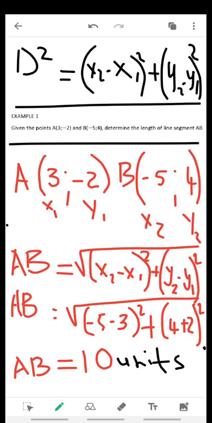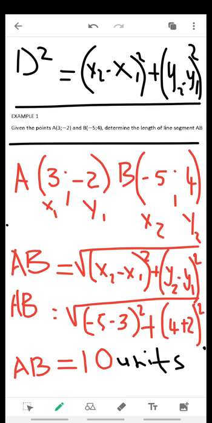Good. Now let's look at an example where you have to use your distance formula. Example 1, given the points A (3, minus 2) and B (minus 5, 4), determine the length, underline length. What am I looking for? I'm looking for the distance between 2 points, the length of line segment AB.